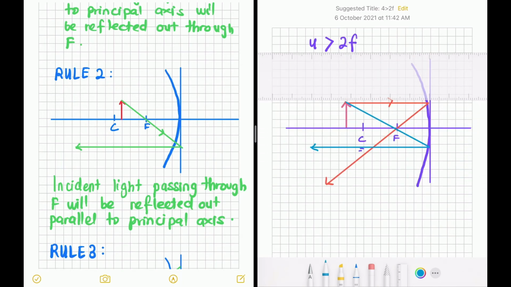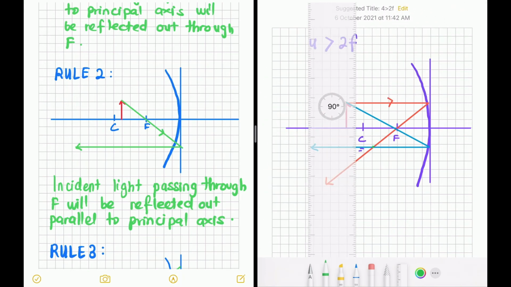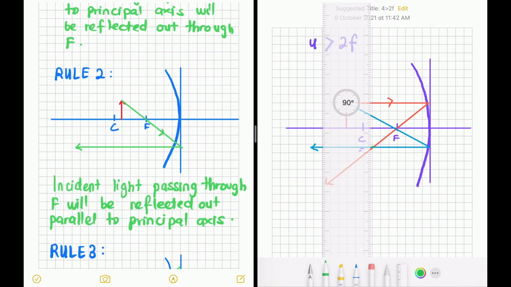Then we will see an intersection of these 2 reflected rays, which is here. So this is where the image is formed by this mirror.